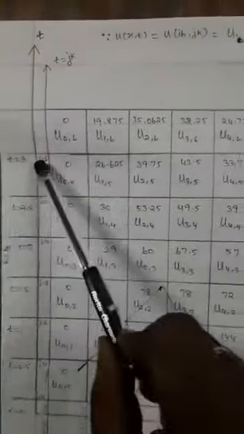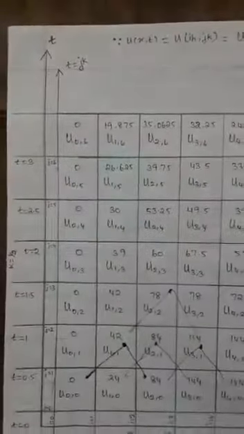Similarly, this line is j = 0. j = 0 means t is also 0. j = 1 means t = 0.5. j = 2 means t = 1. j = 3 means t = 1.5. j = 4 means t = 2. j = 5 means t = 2.5. j = 6 means t = 3.